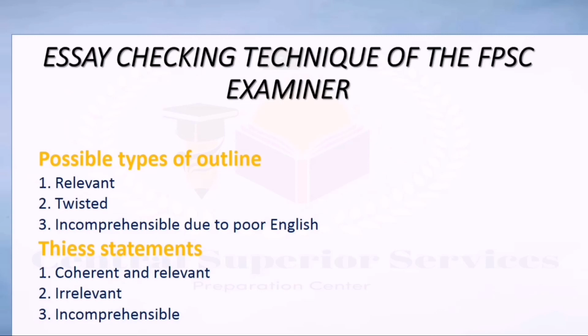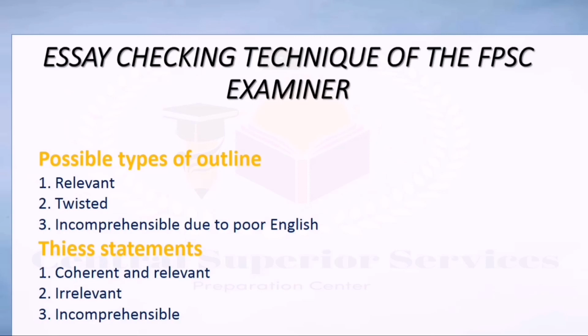Then he looks for the thesis statements, and again there can be three types of them: coherent and relevant, irrelevant, and incomprehensible. For the third variety, their thesis statement marks the end of their stories. The examiner skims through the pages of their sheets in the next few seconds just to find more blunders and finally awards them 0 to 20 marks.